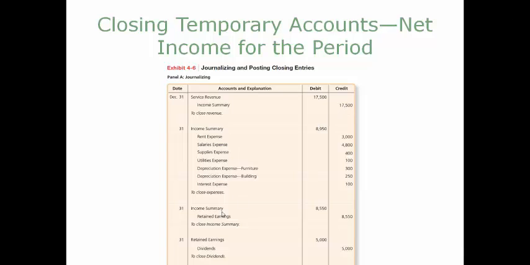So this particular entry would be backwards from what is presented here. So don't memorize that you have to debit income summary and credit retained earnings no matter what the balance is. You have to really look at it and do an analysis of a T account to figure that out. So don't just try and memorize. Actually understand the principles and the concepts of what you're doing.